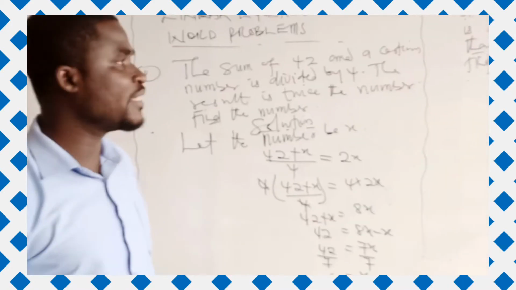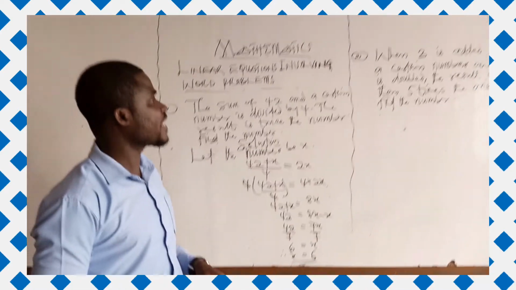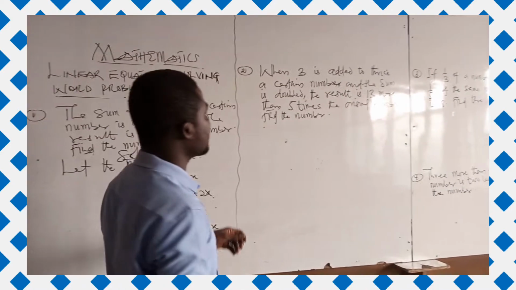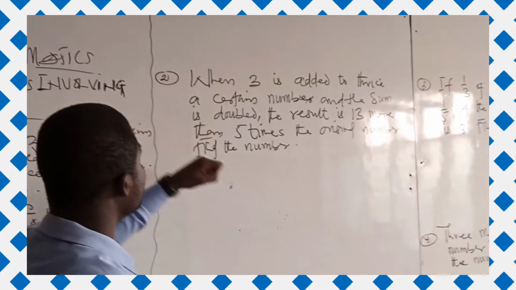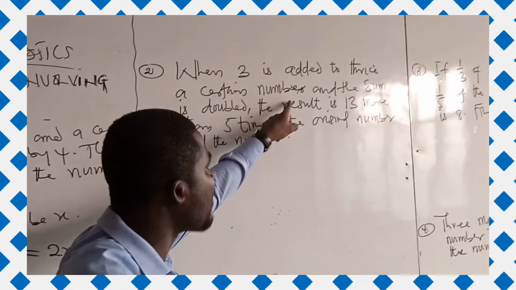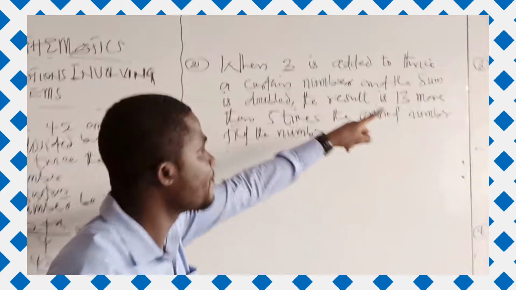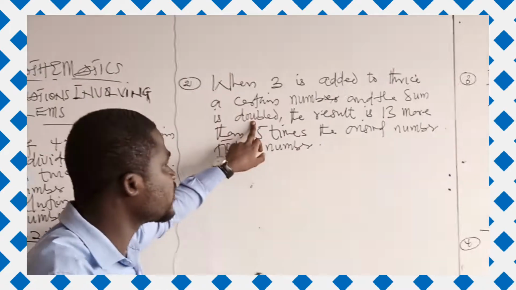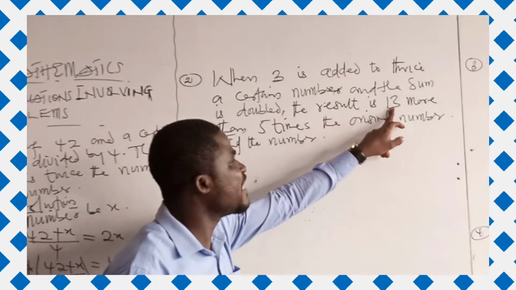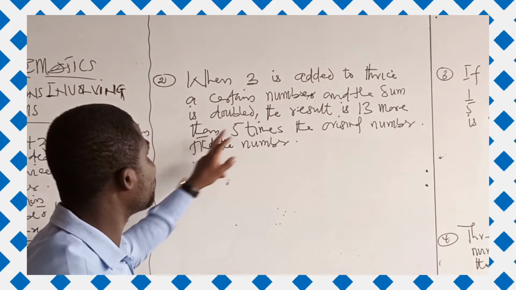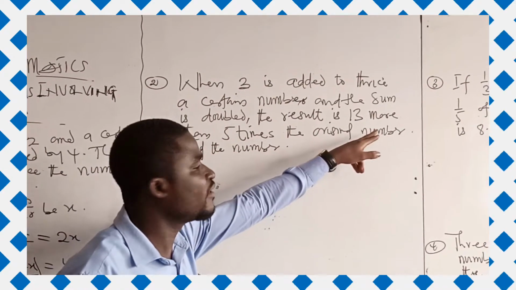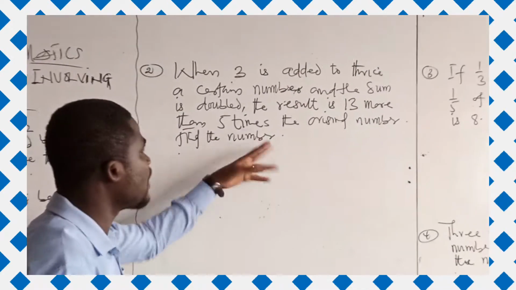That's good. Now, let's try the second example. The question says, when 3 is added to twice a certain number and the sum is doubled, the result is 13 more than 5 times the original number. Find the number.